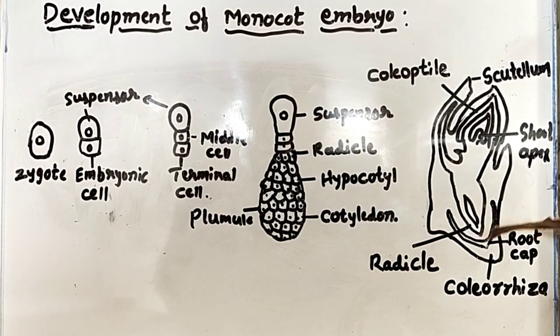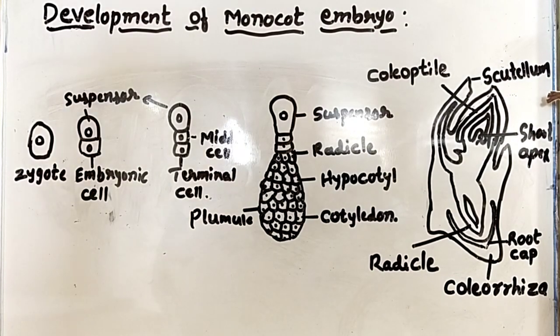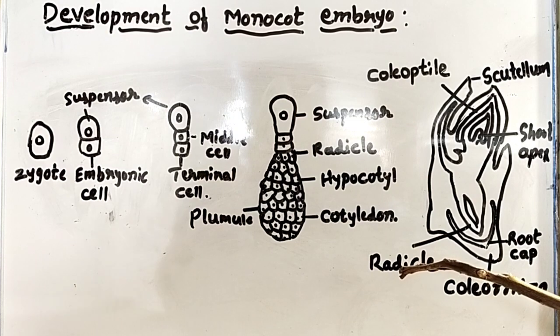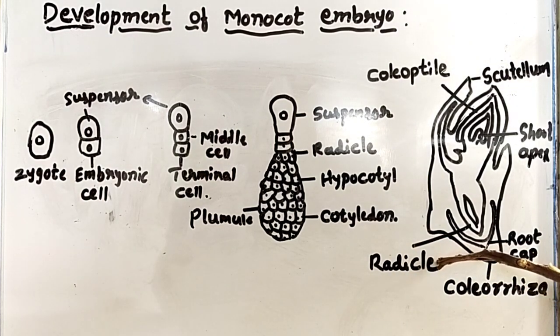Understood, students? What is the scutellum here? The scutellum is the cotyledon. What is the function of this cotyledon? It stores food material which gives nourishment for the developing embryo. After germination, the shoot apex gives rise to the shoot system, and the radicle or root apex gives rise to the root system.